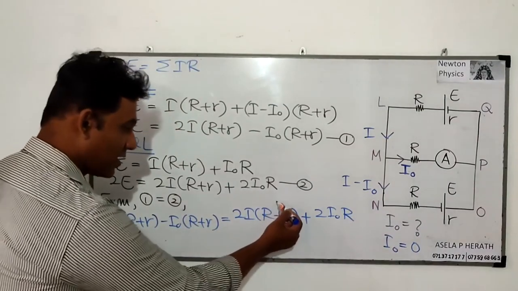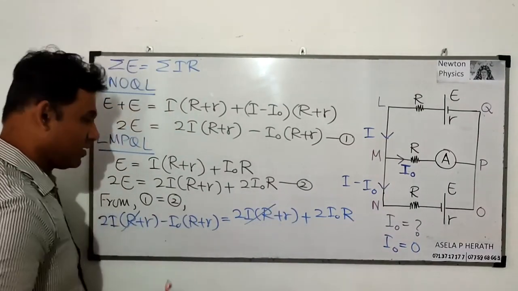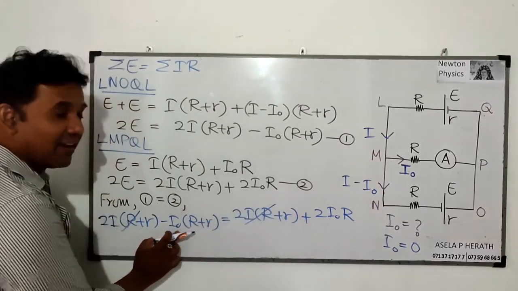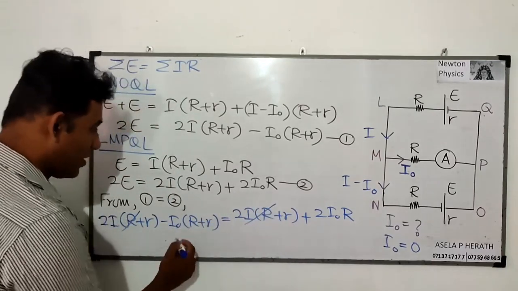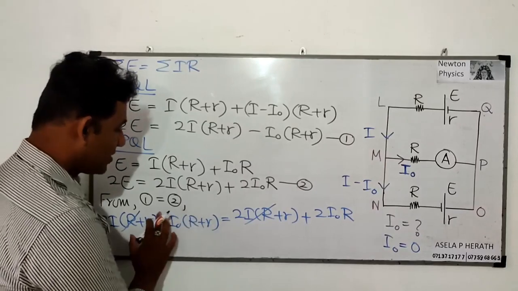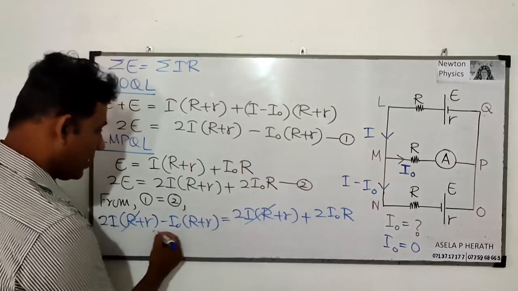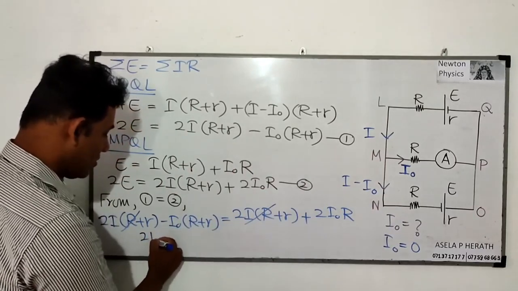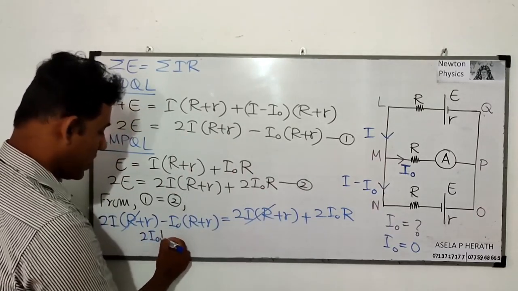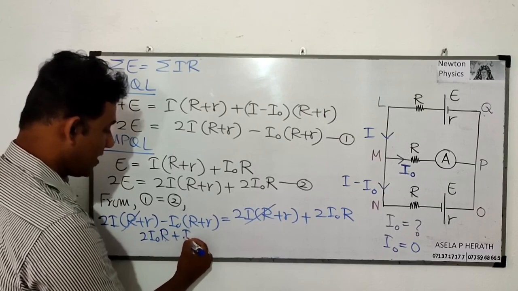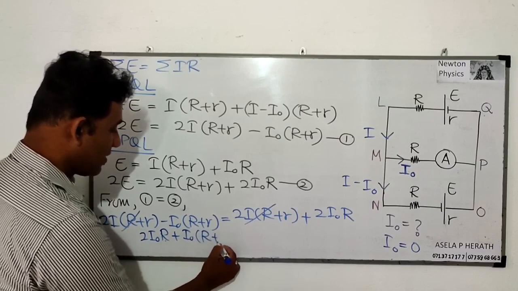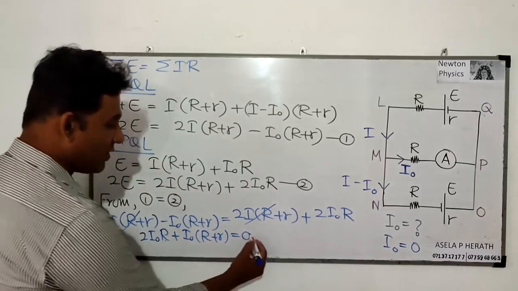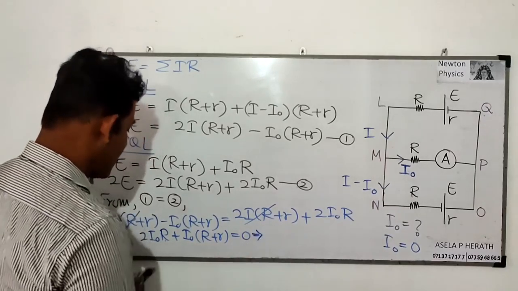I can cancel these two terms, and only terms containing I naught remain. I take the I naught terms to one side, so that 2I naught R plus I naught into R plus simple R equals 0.